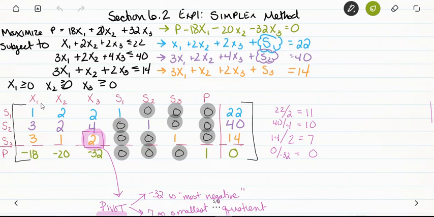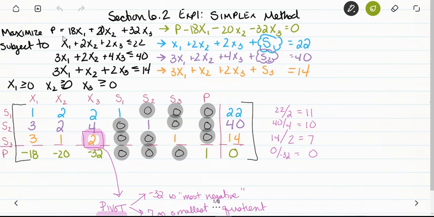So the first step is to write our objective function. That's what we're wanting to maximize, our P equation, as something set to 0, so that we have all of the variables, including this P, on the left side of the equal sign.